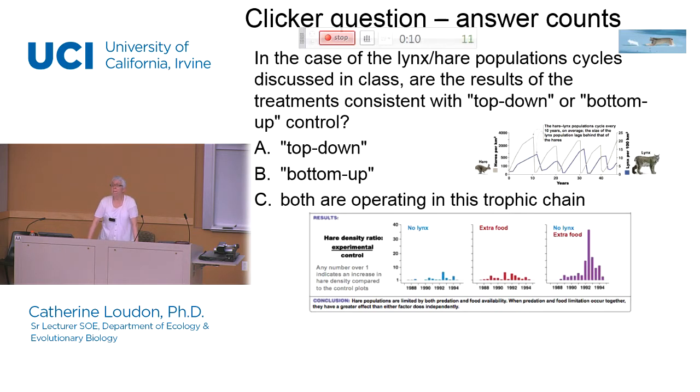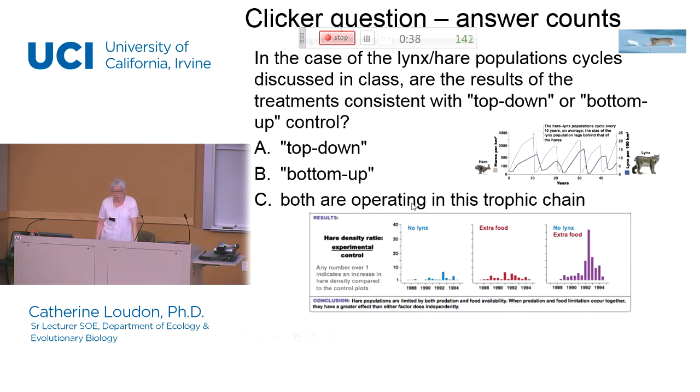So remember the amazing story of the lynx and the hares, right? The lynx were the predator, the hares were the prey item. For the example in northern Canada communities where there were these tremendous cycles going on with an approximate 10-year periodicity is shown here. So here is the graph to remind you of the population cycles in the lynx and the hare.